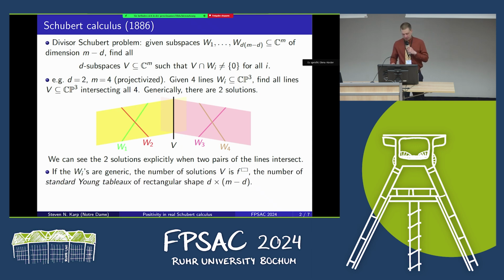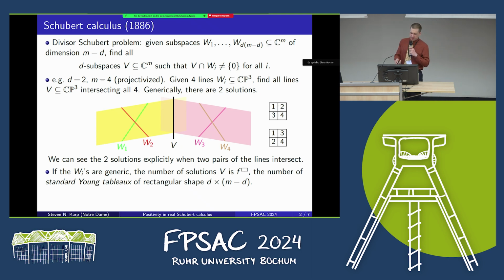In general, there's a beautiful answer for the number of solutions v, at least when the w_i's are generic, and that's this number f^rectangle, the number of standard Young tableaux of rectangular shape d by m minus d. So in this case, this number f^rectangle is 2, indexing these 2 standard Young tableaux.